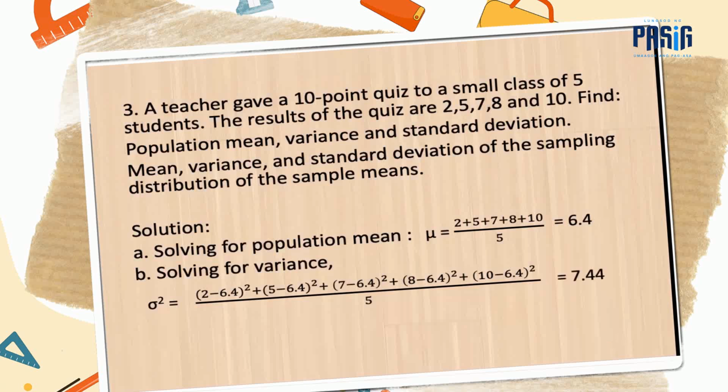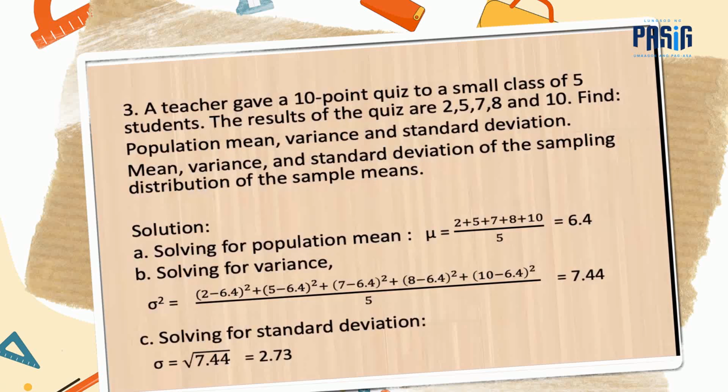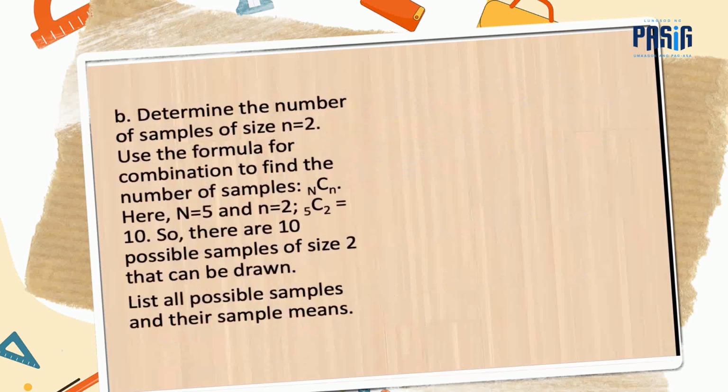The answer is 7.44. And then solving for the standard deviation, we just get the square root of 7.44, which equals 2.73.